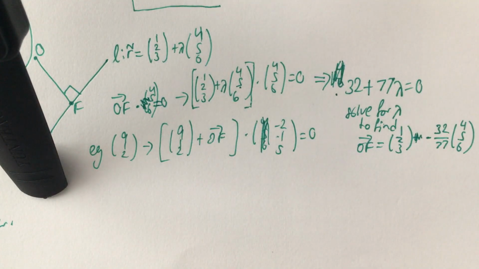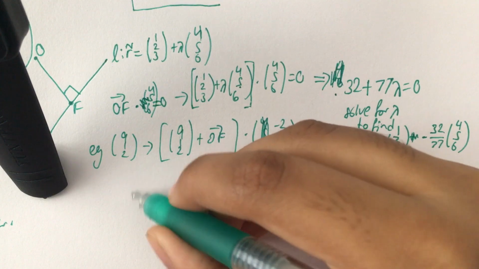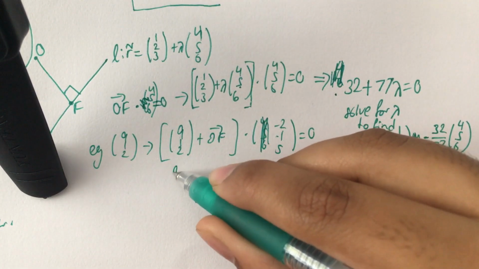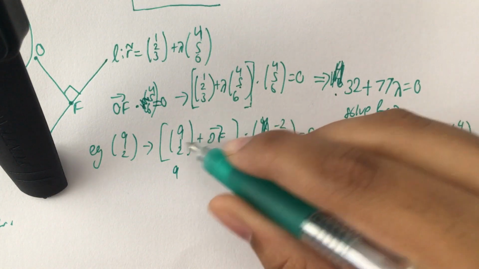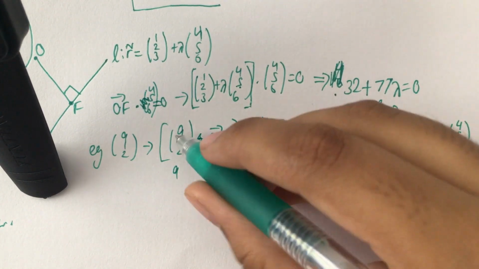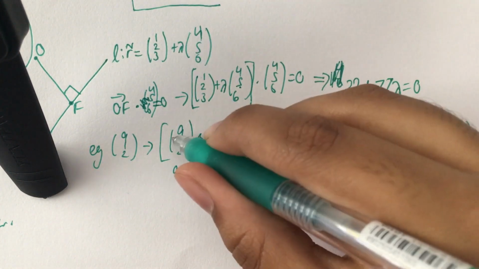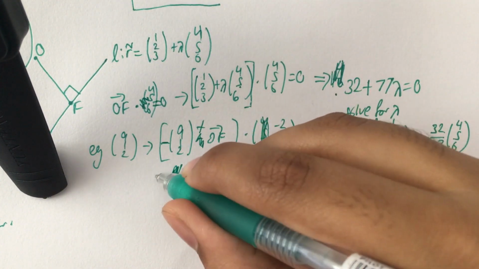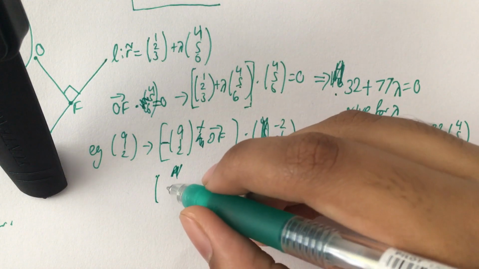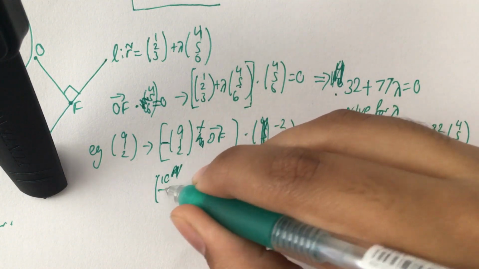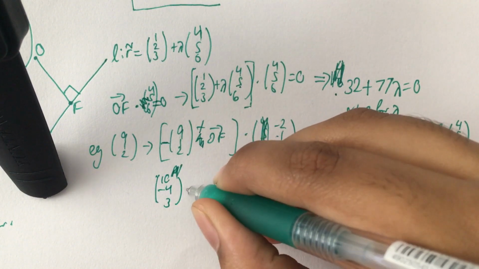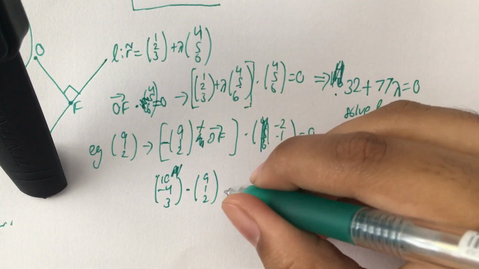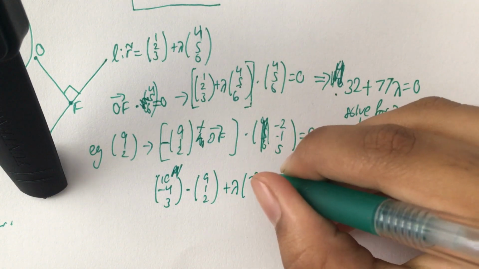In this case it would be 2 plus 6 plus 12, which is 20. For the other one, it's basically squaring the direction vector: lambda times the square of its magnitude, so lambda times 1 plus 4 plus 9, which is 14 lambda.